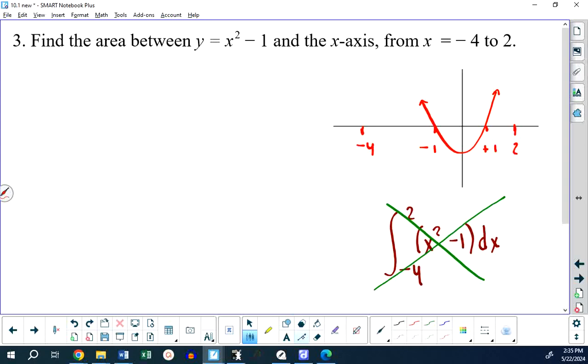Well, part of the function between negative 4 and 2 is the part that's here. And the area between the function and the x-axis is that area. Part of the function from negative 4 to 2 is from 1 to 2. And that means we have to find this area.